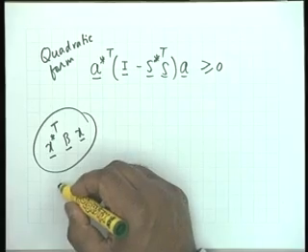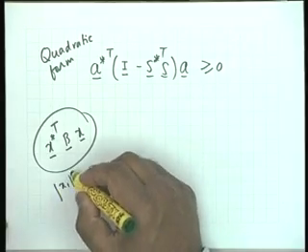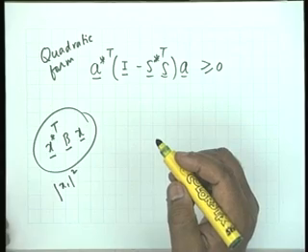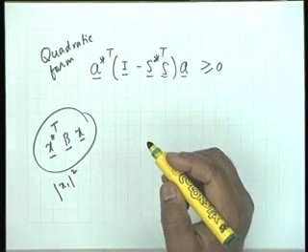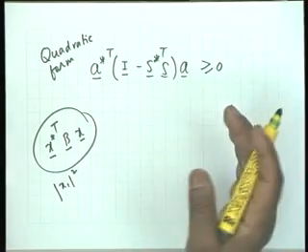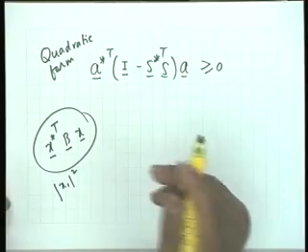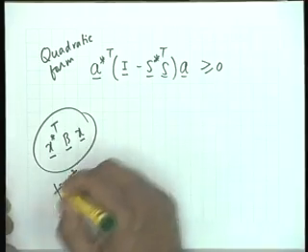For example, this will contain x1 squared, x2 squared, x1 x2, and if there are other components, x2 x3 and so on and so forth. Okay, so this is a quadratic form.